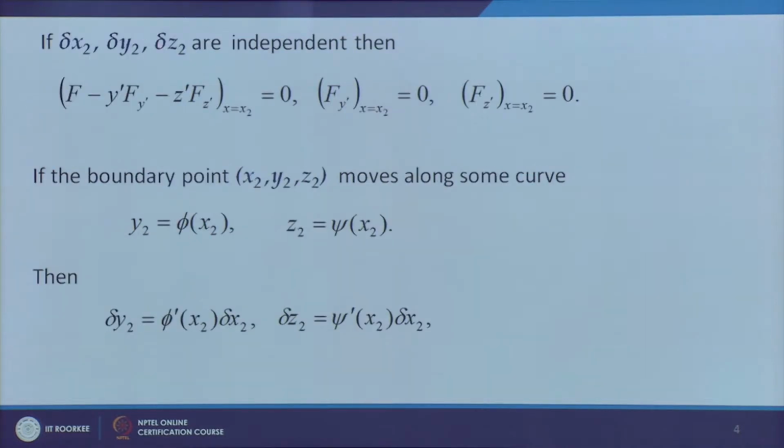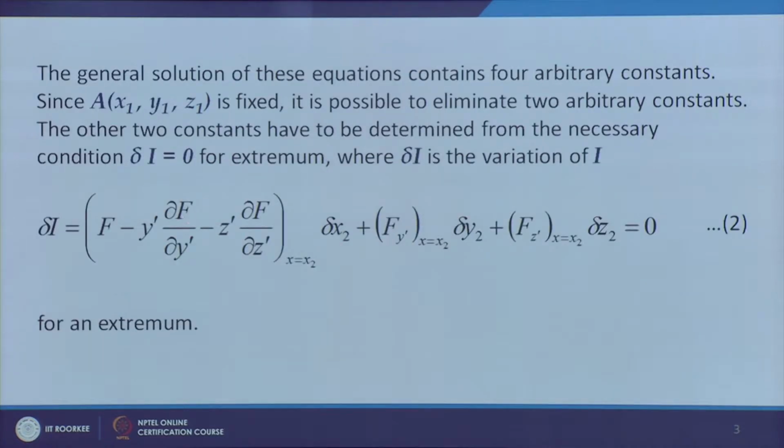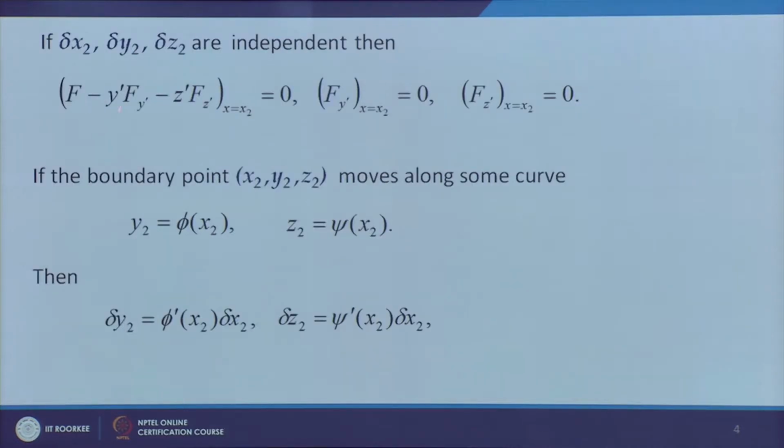Now, if δx2, δy2, δz2 are all independent here, then their coefficients must be 0, and so F − y'F_y' − z'F_z' at x = x2 is 0, F_y' at x = x2 is 0, and F_z' at x = x2 is 0.